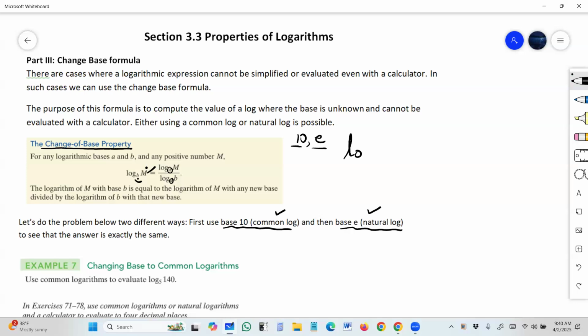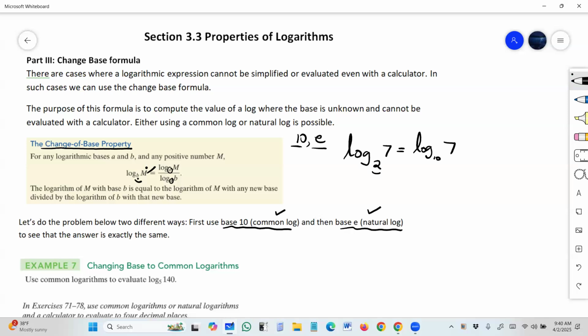So, in general, the example I gave you, let's say I want to do log of 7 base 2. I cannot do this on the calculator because maybe your calculator doesn't have a base 2. So this is what we do. We say log, and let's say that I want to use base 10.